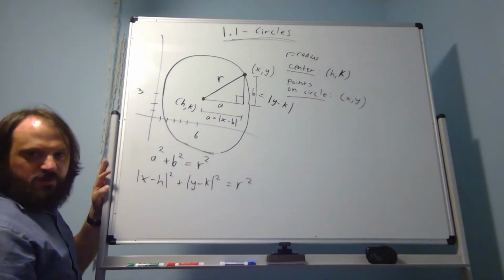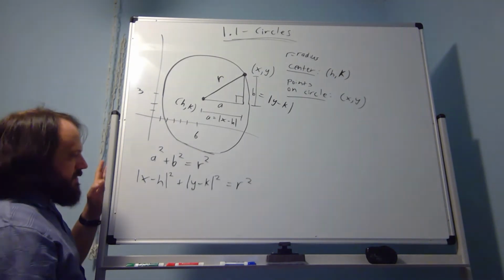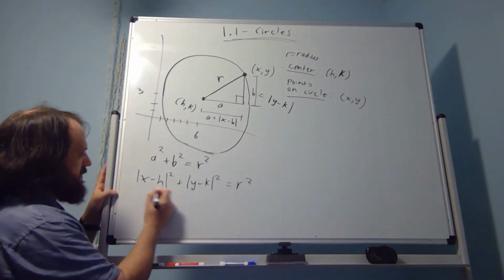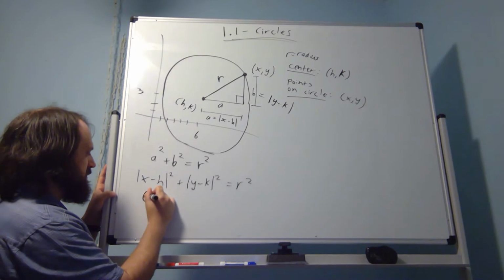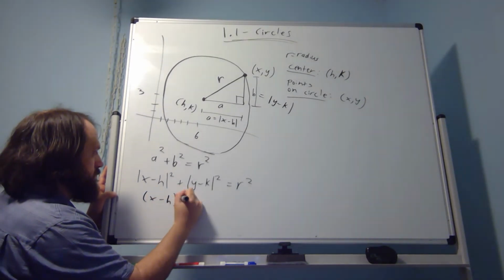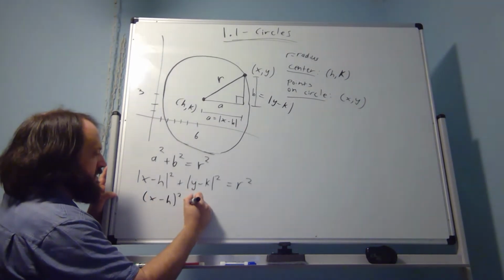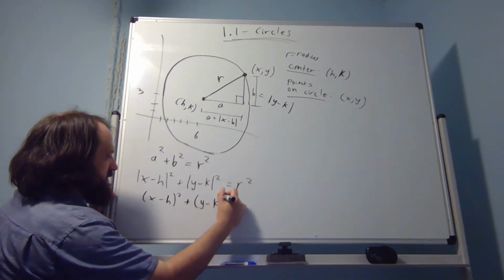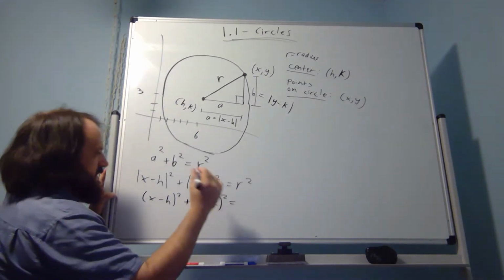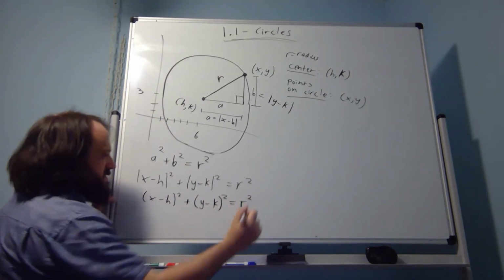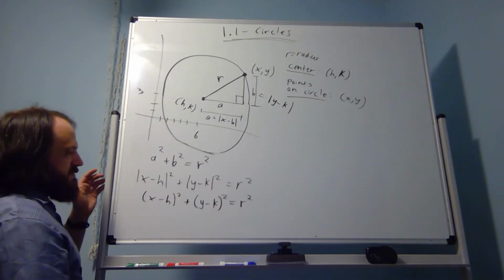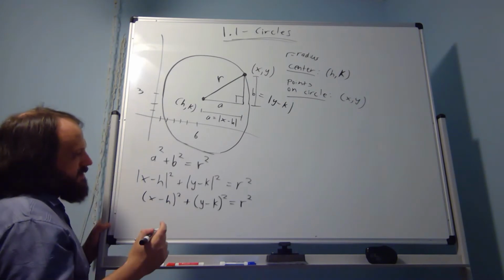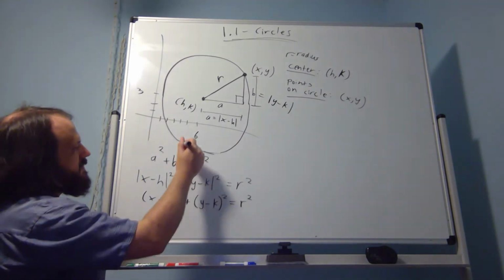If you have a real number and you square it, the absolute value bars are optional. It's usually customary to just write it as parentheses x minus h squared plus y minus k squared is equal to r squared.